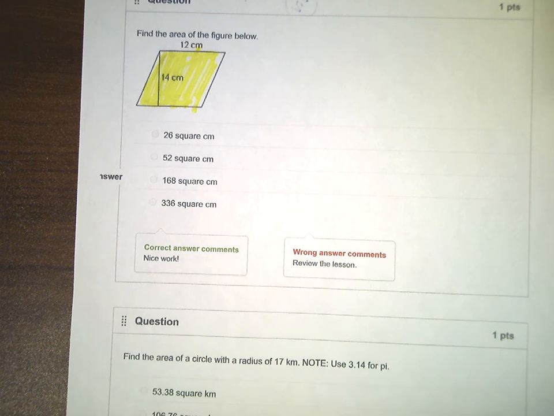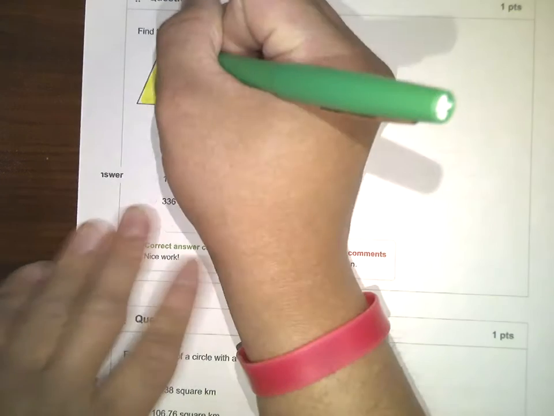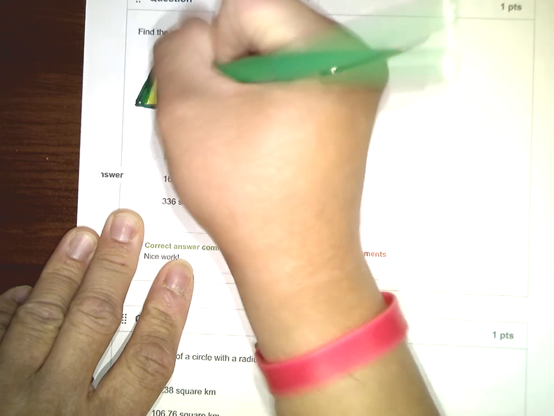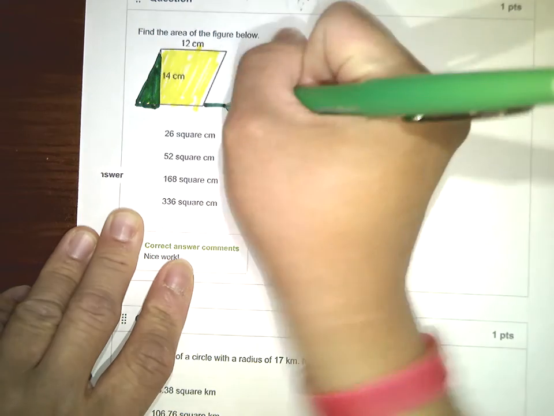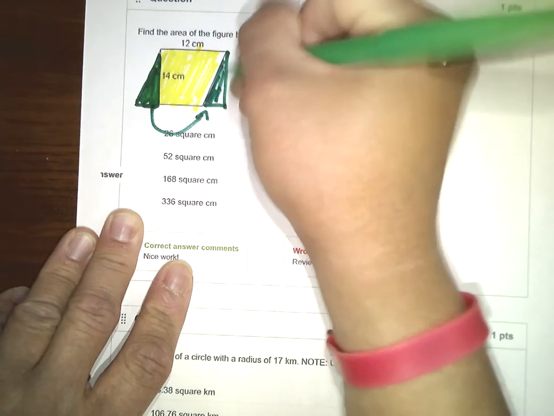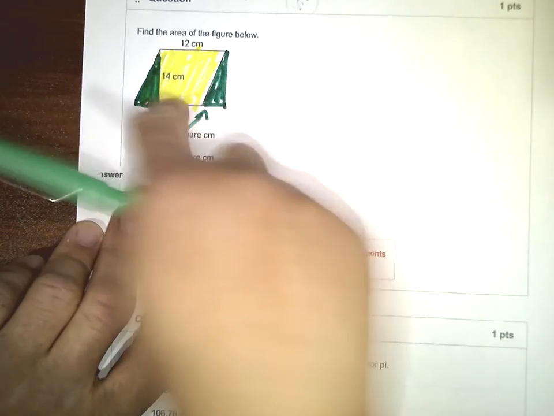Part of the reason for this is because if you were to take this triangle right here and move it over here, you see that you would actually just have a rectangle.